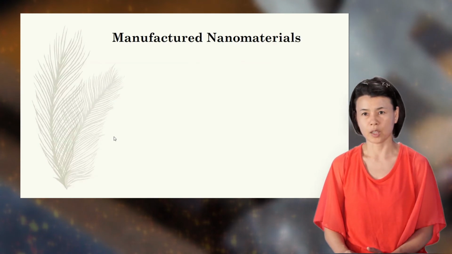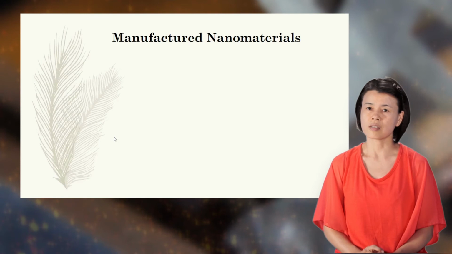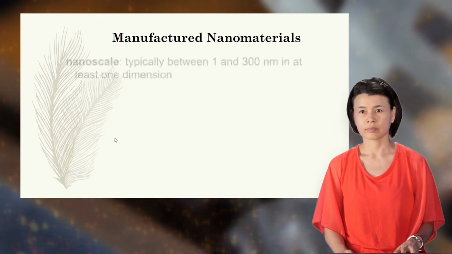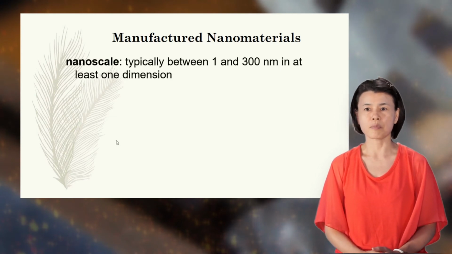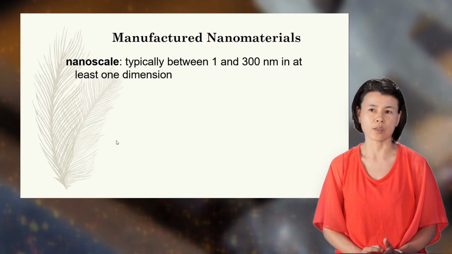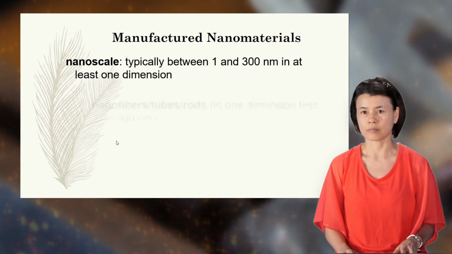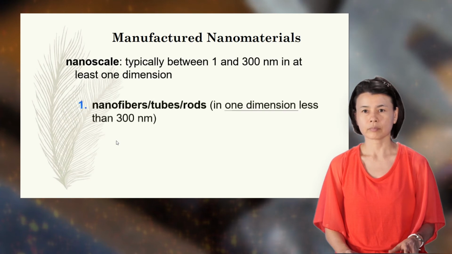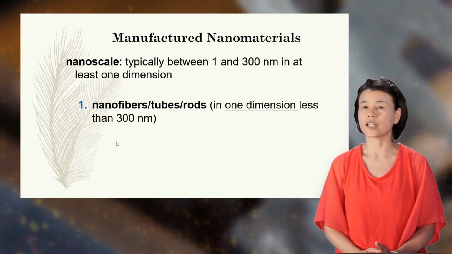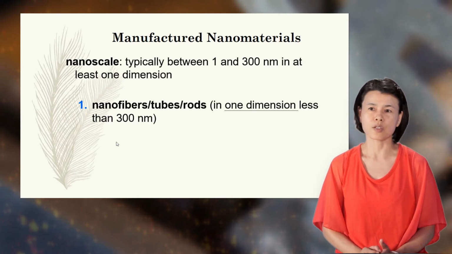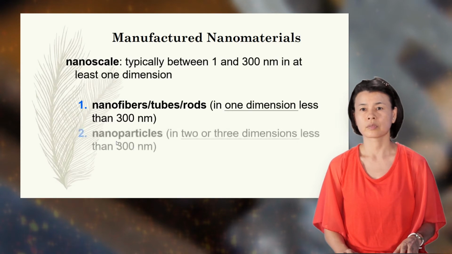Manufactured nanomaterials. First, let's recap the definition of nanoscale. Nanoscale typically means the size of the subjects is between 1 and 300 nanometers in at least one dimension. It could be nanofibers, nanotubes, and nanorods when one of the dimensions is less than 300 nanometers.